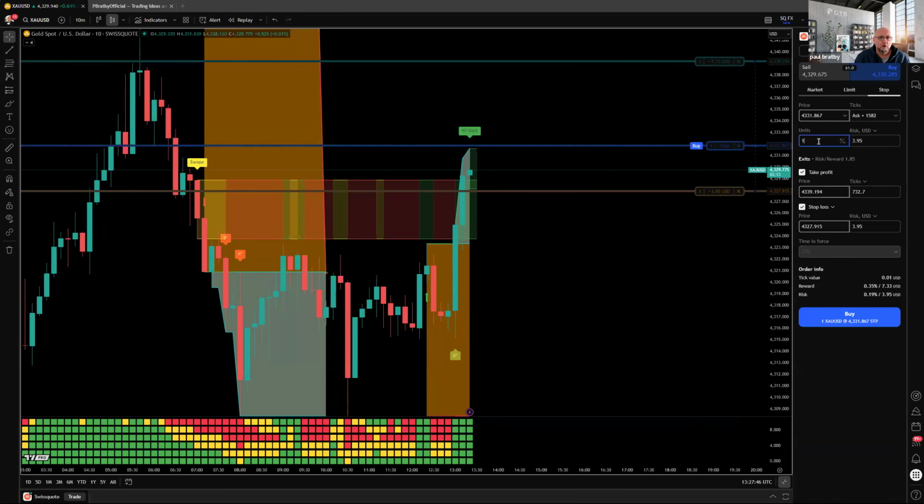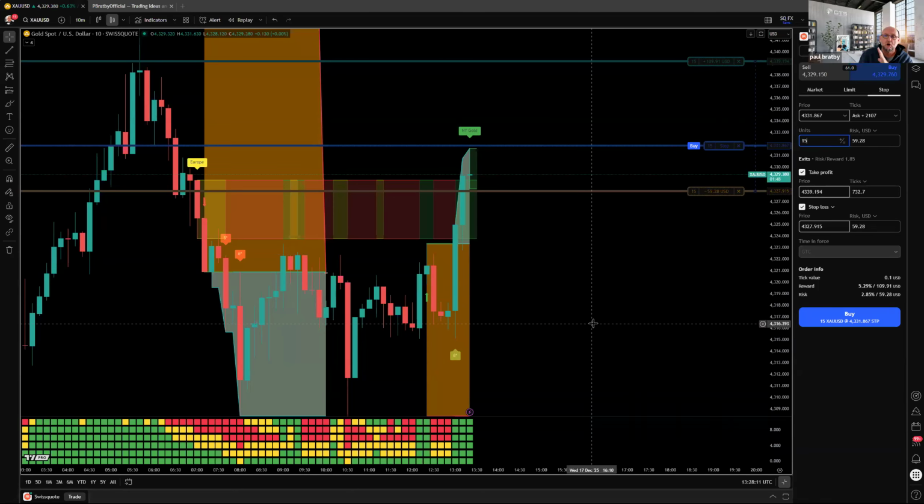And then with gold, I can just change the units. At the moment that's only $4 risk. Okay, so if I go 50, we can see that's $197. If I change that to 25, that's $98 risk for this small move. If I want to go a little less and go 15, that's $59 risk for that particular trade.